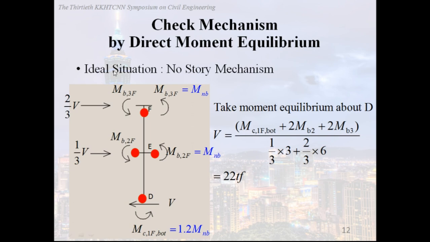So the ideal situation is no story mechanism. Here, we take out one of the frame columns as a free body, and we use the direct moment equilibrium to get the base shear V by taking moment equilibrium about point D.